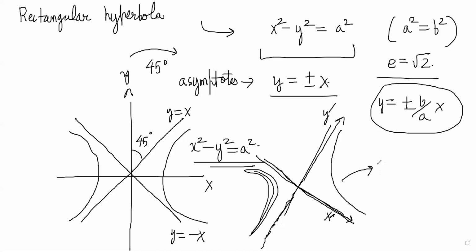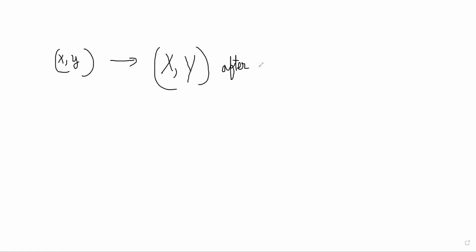So how do we do this rotation? There is a standard theory of rotation. I have covered it before in my channel. You can check out the videos in the same playlist. There is a video on rotation and transformation of axis. Check it out, understand how to do rotation. If you do the rotation, the equation of the hyperbola will also change. And in order to do the rotation, you have to convert x comma y in the original to capital X, capital Y after rotation.